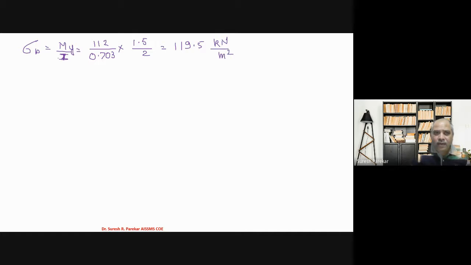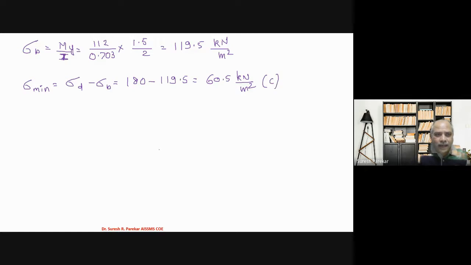And then we have sigma minimum is equal to sigma d minus sigma b. Sigma d we have 180, sigma b we have 119.5. So this will be 60.5 kilonewton per meter square. This is compression.